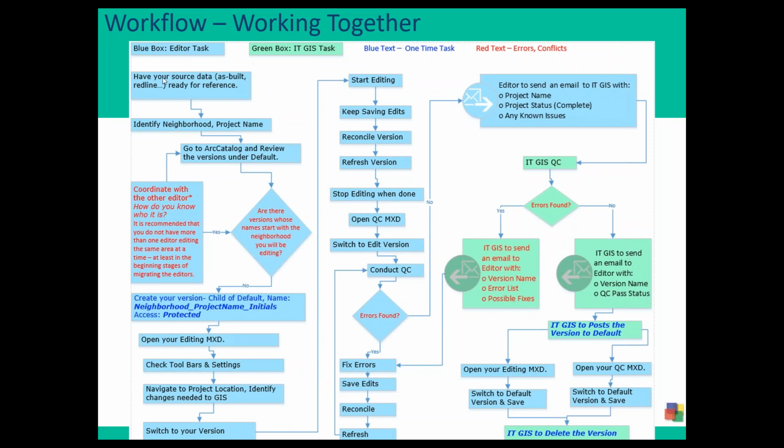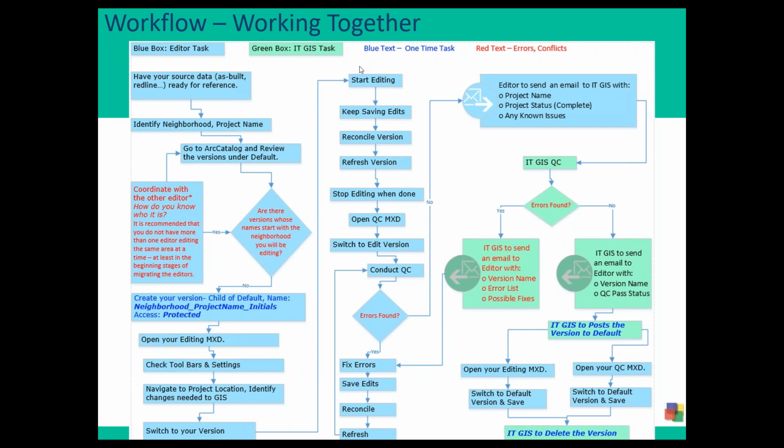What this starts off with, let's just follow box number 1, and everybody can see the cursor, right, where the mouse is. The blue boxes are all for the editors to work on, and the green boxes are for the ITGIS. If there is blue text, then it's a one-time task.